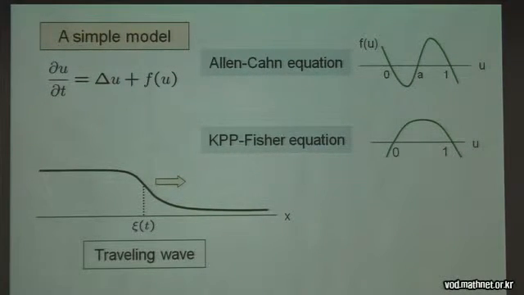But in both cases, it is known that there exists a special solution called the traveling wave, which is written in this form: u of x, t equals v of x minus ct. So if the solution, this is in one dimension, is written in this form, you can see that the graph of the solution doesn't change, and it moves with the speed c as time passes.